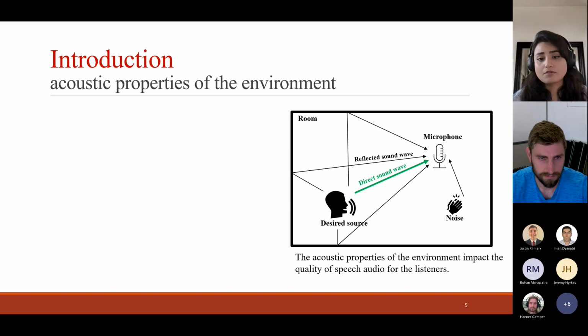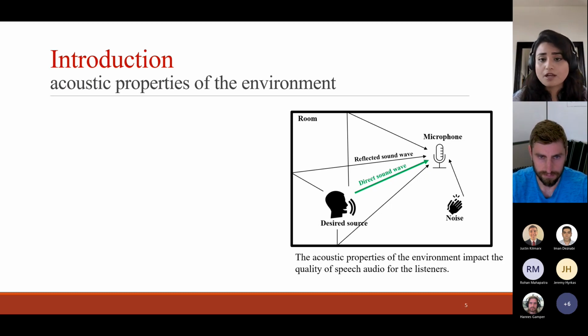Therefore, we are interested in estimating this reverberation in order to give feedback to the speaker, and also to compare different noise enhancement models. And sometimes these acoustic parameters are useful for other applications, such as mixed reality.